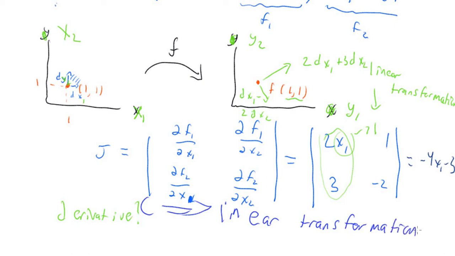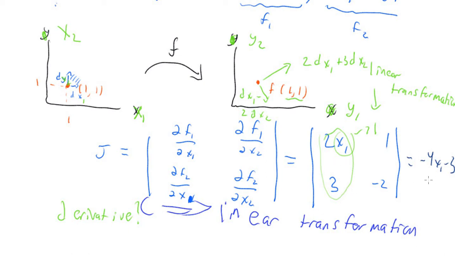When we have a function, the derivative is the linear transformation that best approximates the function at that point. That's exactly what the derivative is, and that's why the derivative in higher dimensions is really a matrix. It's not a single number.